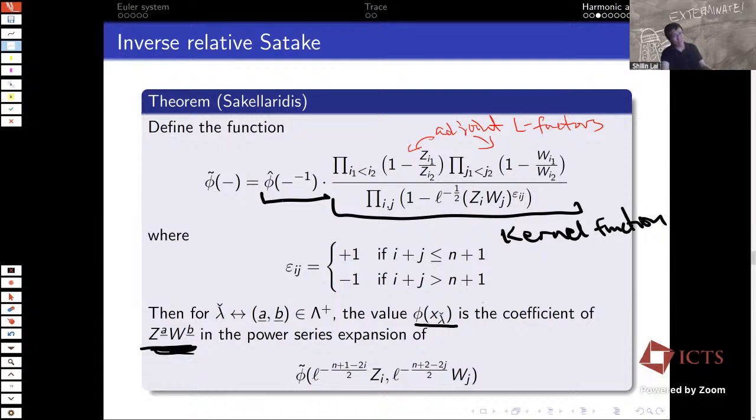That would be familiar from the Gan-Gross-Prasad conjecture, where adjoint L factors show up. The denominator looks like L of 1/2, something like Z cross W. You get this exponent 1/2, and you get the product of two things taken over all i and j.